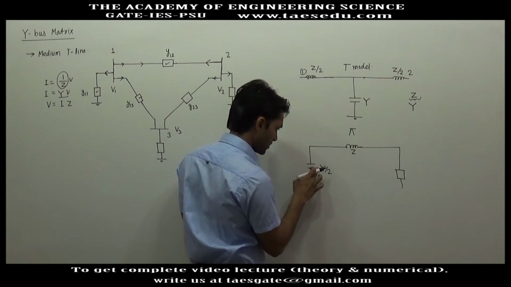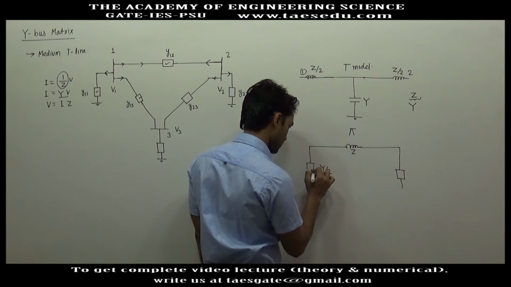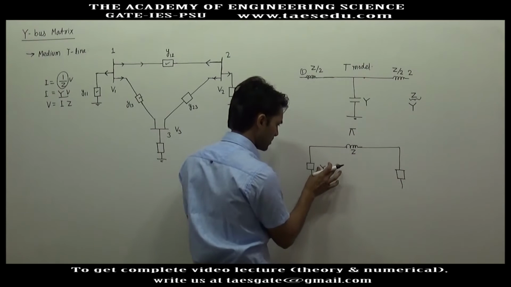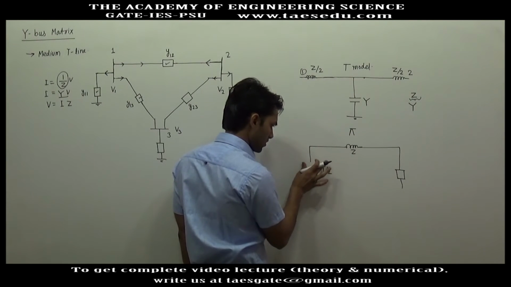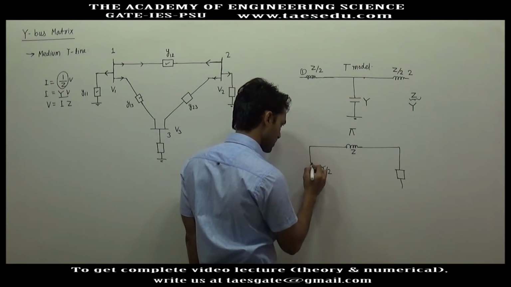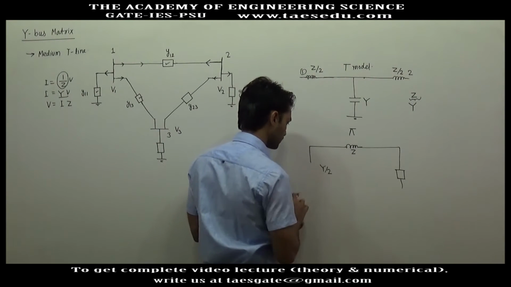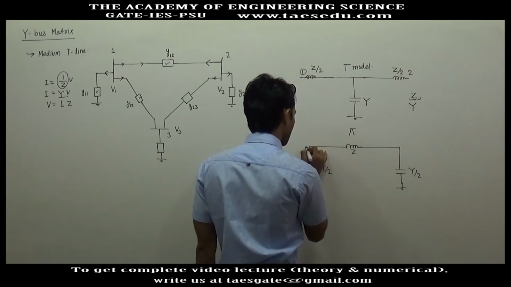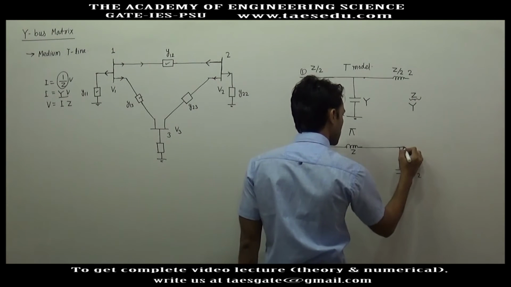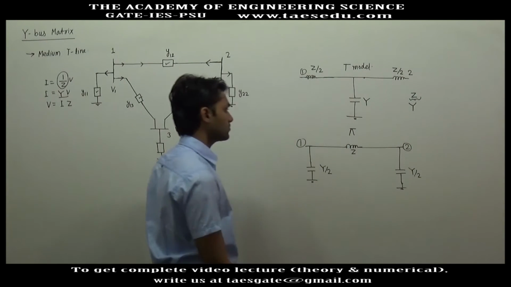Let us represent it with a box, or if we neglect the loss, with a capacitor. This is end 1, this is end 2, this is the pi model.